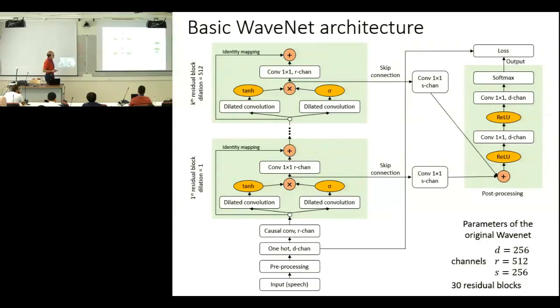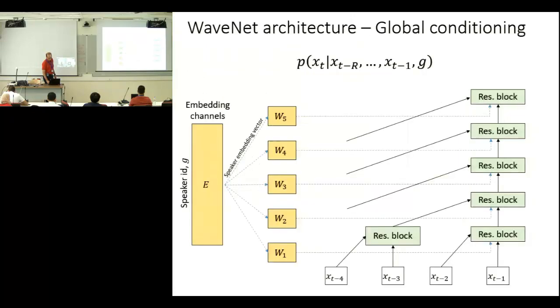And these are the skip connections, and all of them are used as an input to the postnet to give us the prediction. And the loss function takes the prediction of the network plus the input shifted one sample in the future and compares these two using cross entropy.